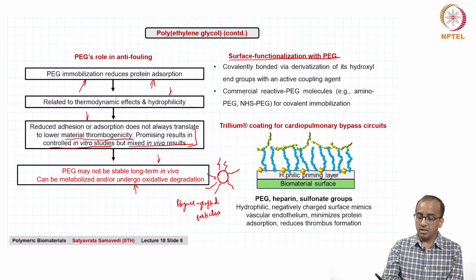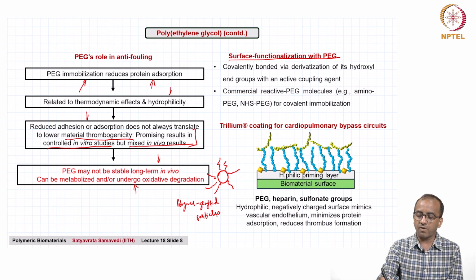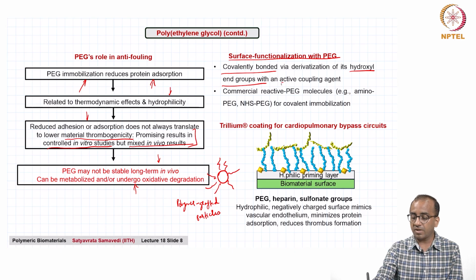At any rate, one way to attach PEG to the surface is through covalent bonding by derivatization of its hydroxyl end groups with an active coupling agent.